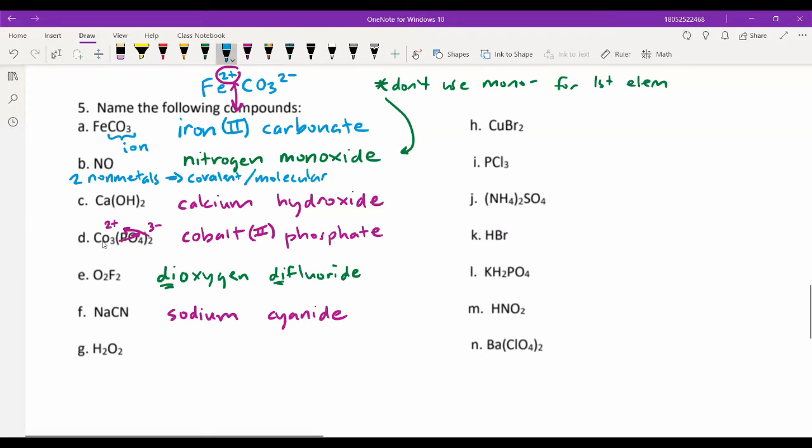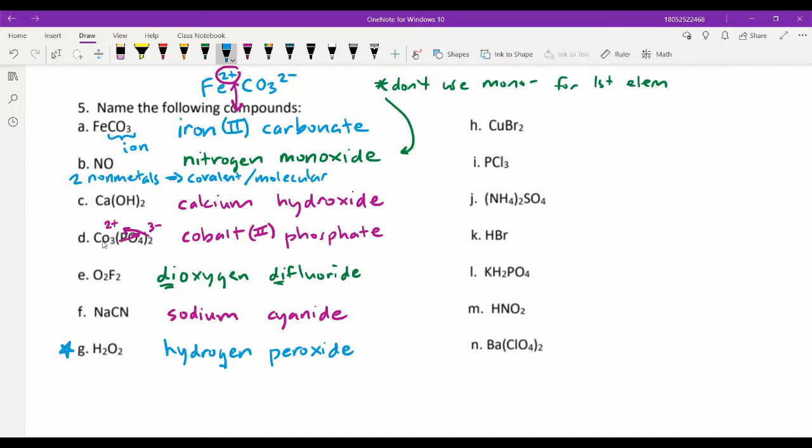Okay. This one is a little bit of an asterisk one. It's just a common name that you should know, which is hydrogen peroxide. So it's hard to explain, maybe, why we don't name this dihydrogen dioxide, because this would be considered, I guess, 2 nonmetals, a covalent compound.